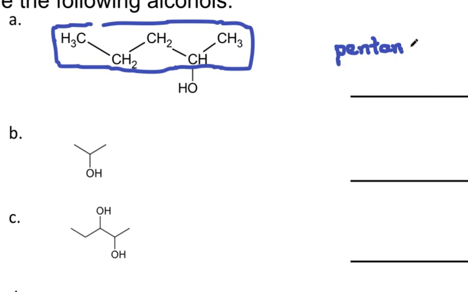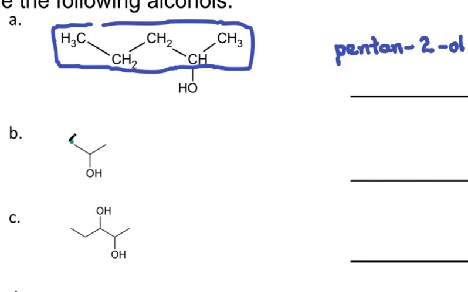I'm not going to write that E because we know that gets hacked off and replaced with ol. So this is pentanol. And this OH, if you count from the left, which we obviously won't, it would be on the 4th carbon. If we count from the right, it's on the 2nd carbon. So pentan-2-ol, or in the old days, 2-pentanol.